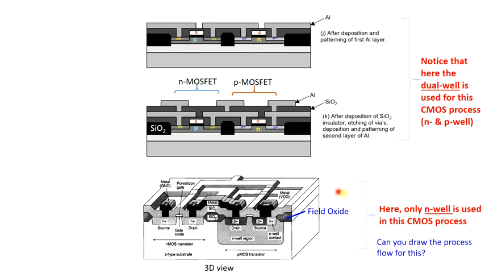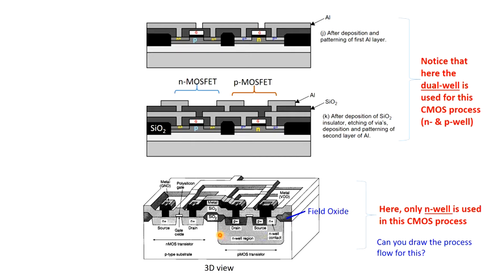Now there is one more difference. If you can see here, we have created one N plus contact. What is this contact for? Yes, this is the body contact, right? That body contact is absent here. So that is another difference. I hope now you should be able to draw the CMOS process flows considering this type of variation.